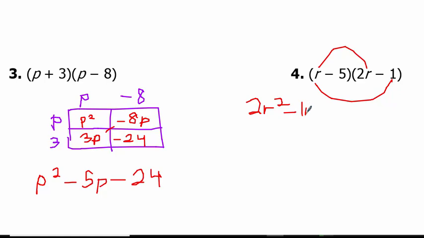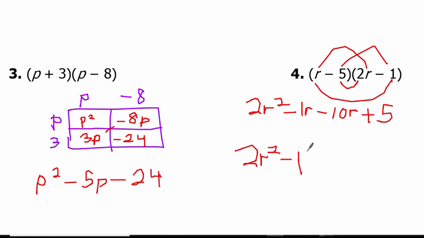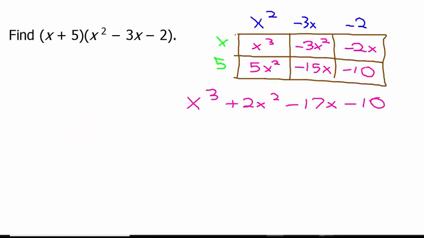I don't necessarily need to write that negative 1, but I do need to write negative r. Insides and last, negative times a negative, positive. Combining like terms, negative plus a negative stays negative. I add the numbers, keep the sign, and there we go. Both methods work equally well.